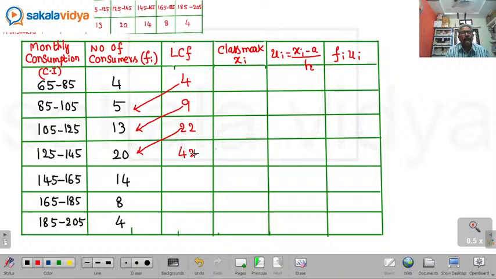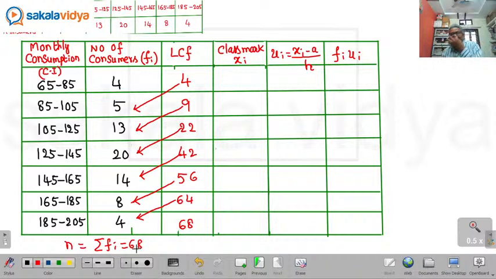For 42 add 14, 56. For 56 add 8, that is 64. For 64 add 4, 68. You need to check: total frequency is 68, so Sigma Fi is equal to 68, which is the n value.